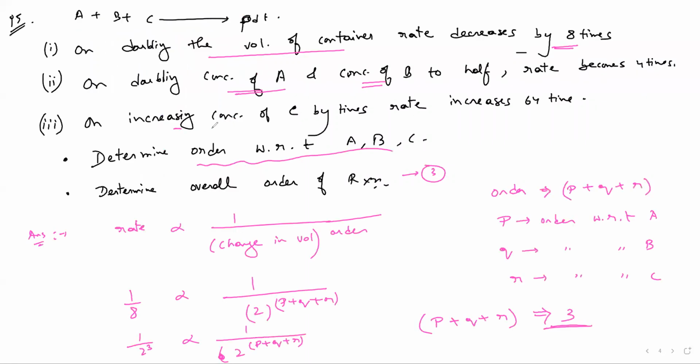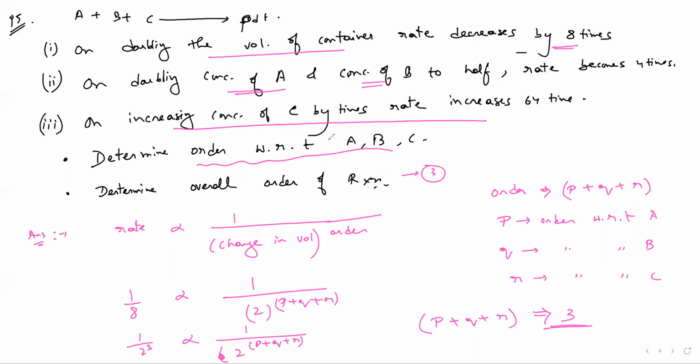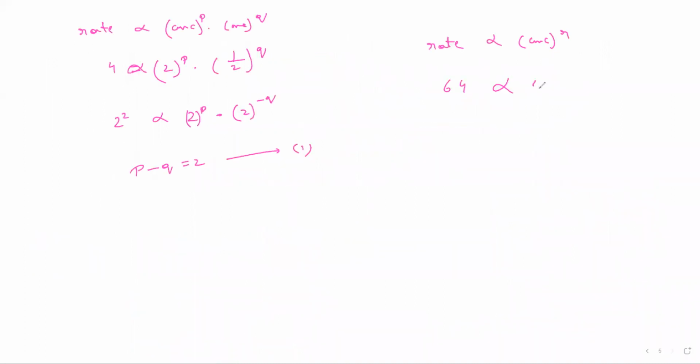Now on increasing the concentration of C, rate is proportional to concentration to the power R. Rate increases 64 times when the concentration of C increases 4 times.